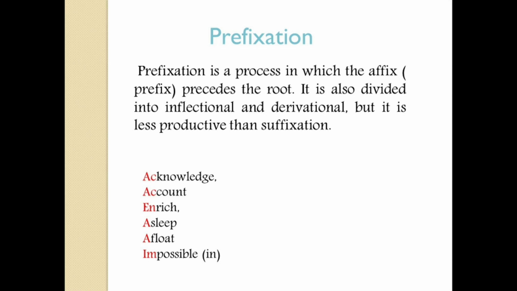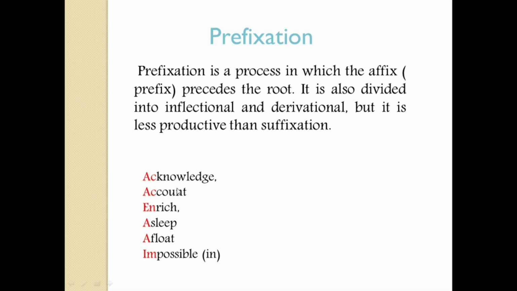For example, take this prefix ac- in English. We have knowledge, which is a noun. Adding this ac-, which is a prefix, to the noun makes this noun a verb. So this prefix verbalizes the noun. The ac- here does not verbalize, but it nominalizes.